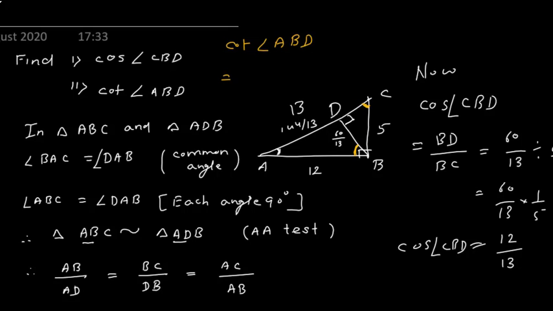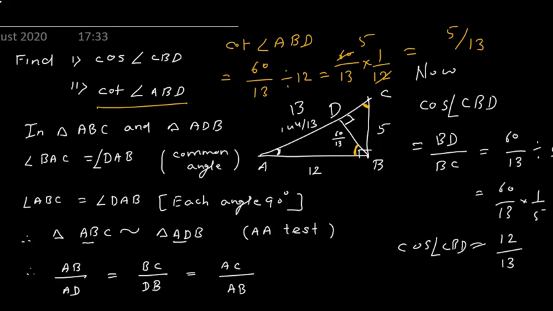So this is 60 divided by 13 divided by 12. So this is 60 divided by 13 multiplied by 1 upon 12. 12 5s are 60. So this is 5 upon 13. So value of cot of angle ABD is 5 upon 13 and cos of angle CBD is 12 upon 13. This is the required answer.